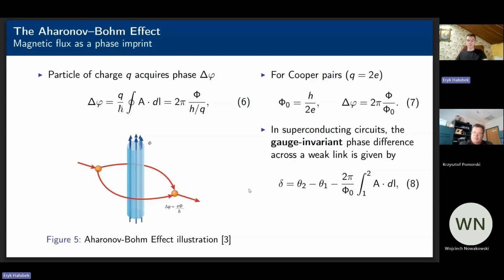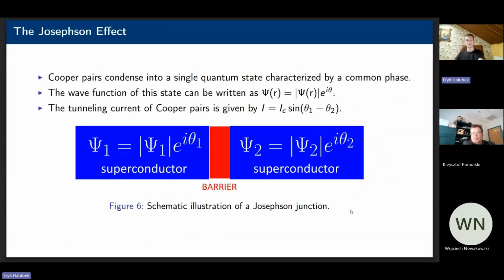So the phase difference in a superconducting circuit across a weak link, which is a place in the superconductor where superconductivity is weakened due to its size, just a constriction in the structure, is given by such an equation, and this leads us to the Josephson effect.